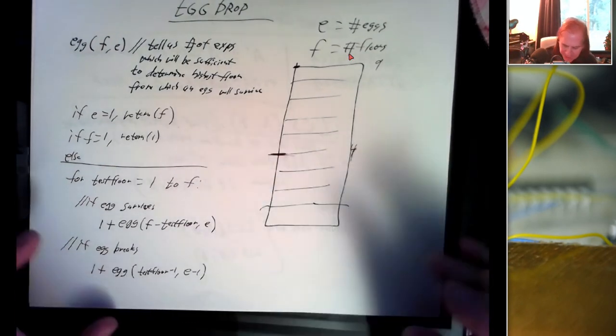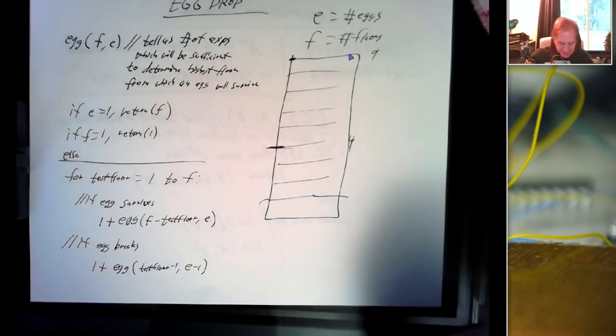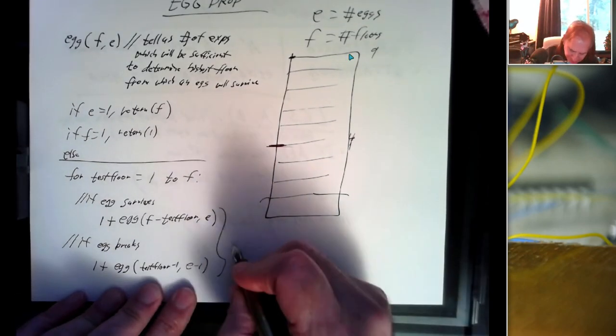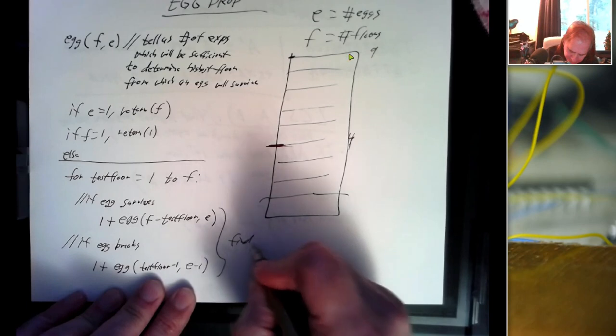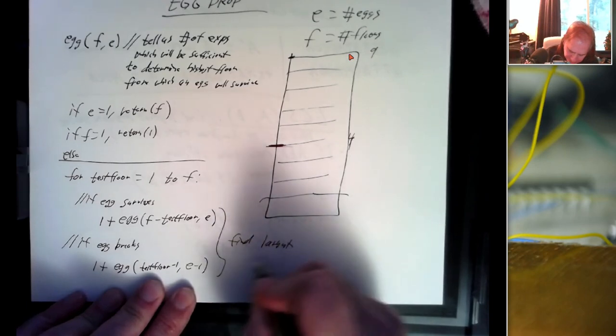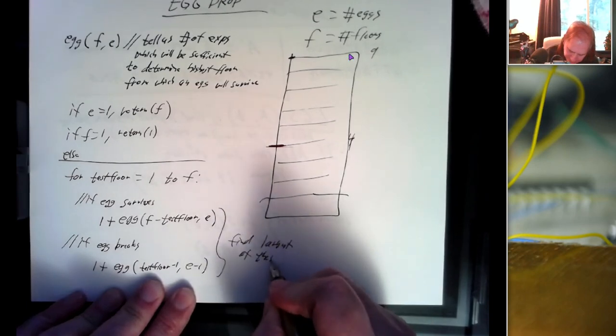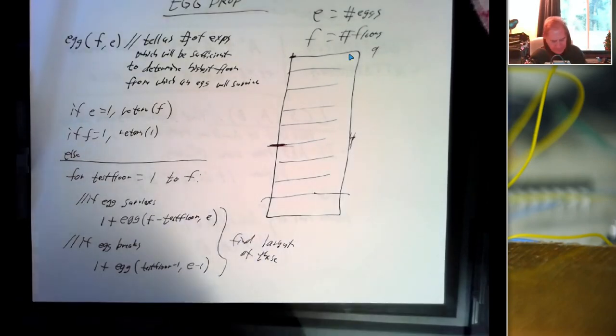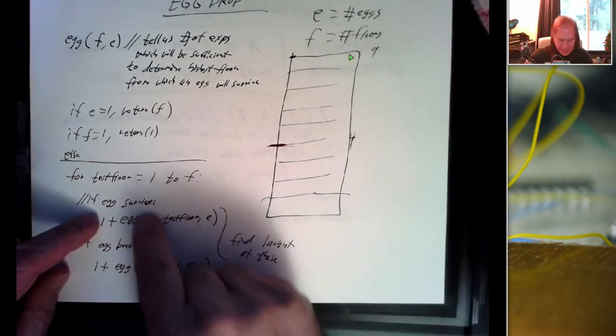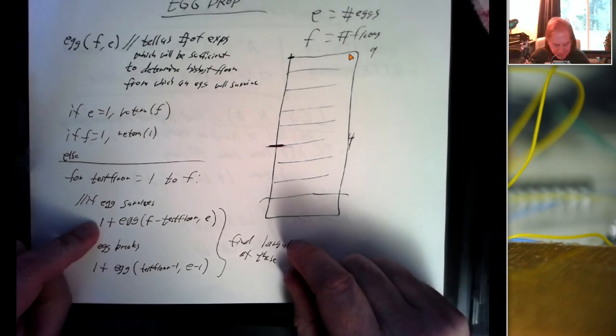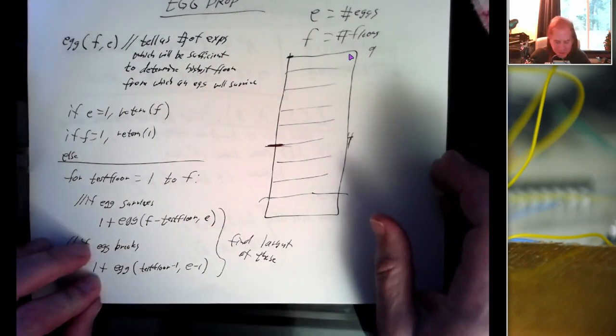All right, and we're looking for a guaranteed sufficient number of experiments. So we want to find the largest of these. Right, maybe if the egg survives, we're only going to need 3 experiments, but if the egg breaks, we're going to need 5 experiments.